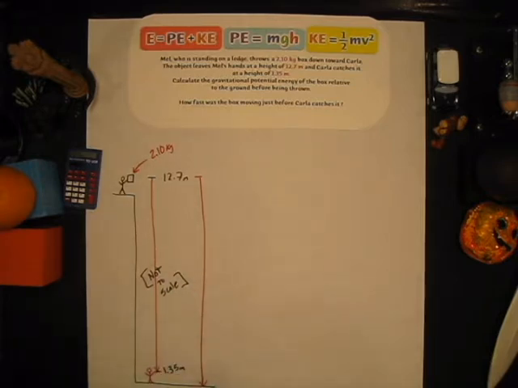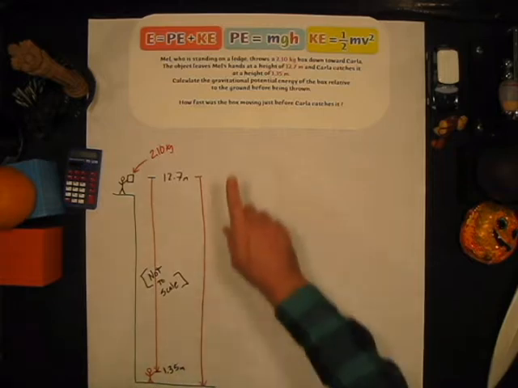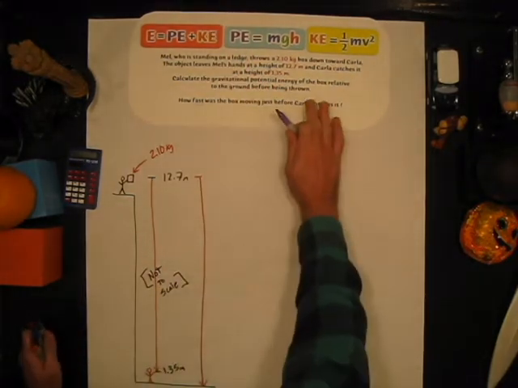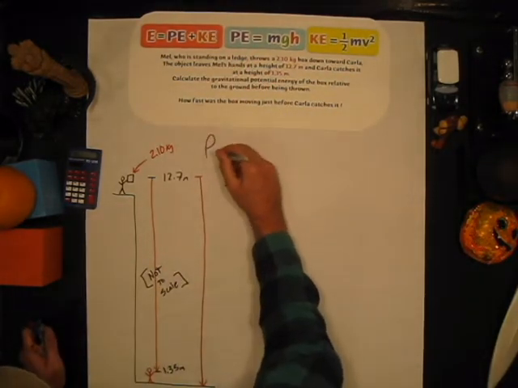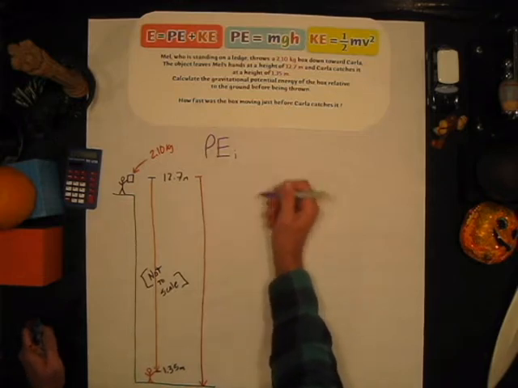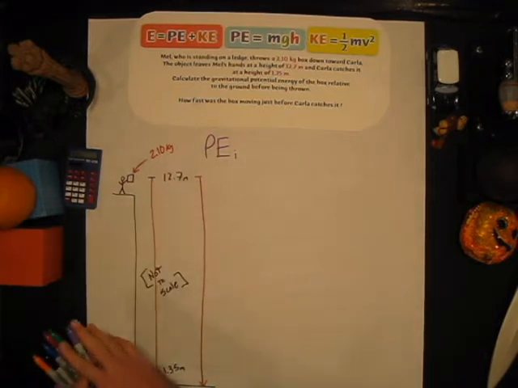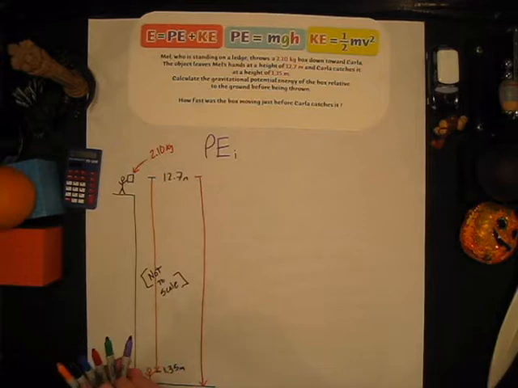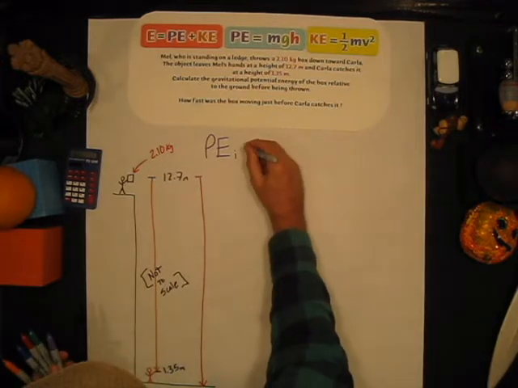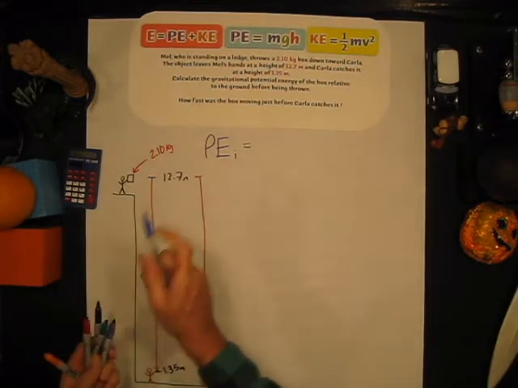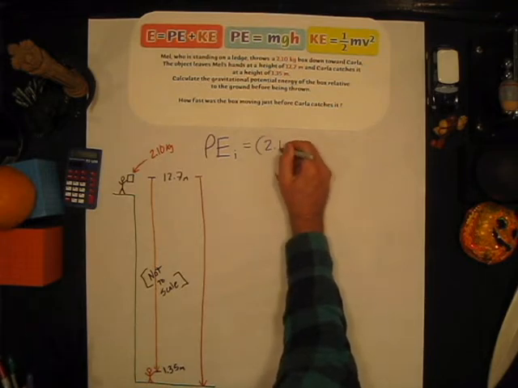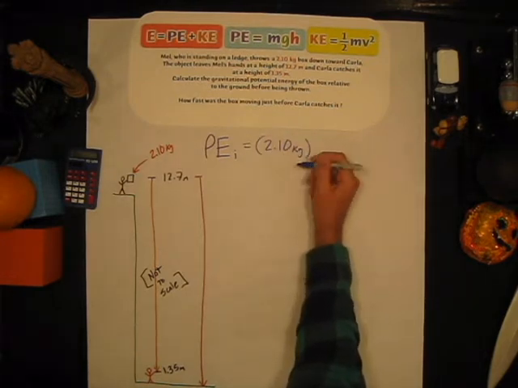First, for the potential energy, let's say initial, which is what it is up here relative to the ground, is going to be equal to m, the mass, 2.10 kg, which is in the right units.